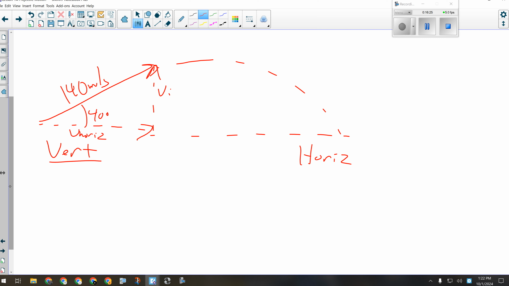So if I'm going to do some vertical stuff here, A is going to be negative 9.81 meters per second squared. VI is going to be the sine of 40 degrees times 140 meters per second.